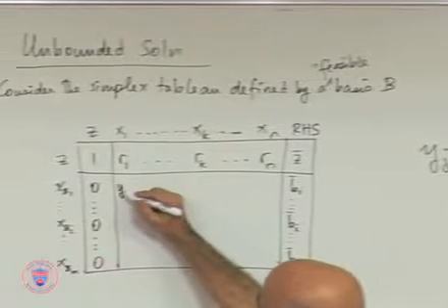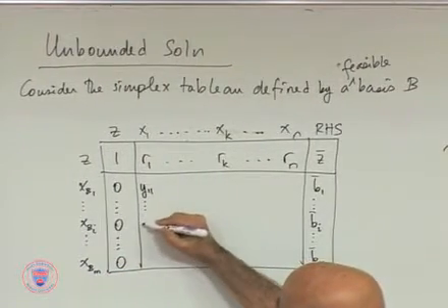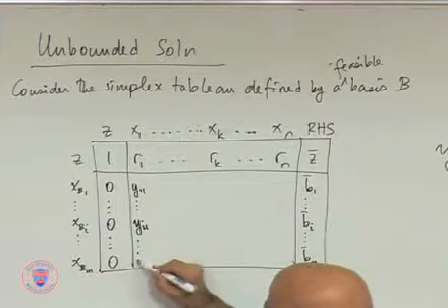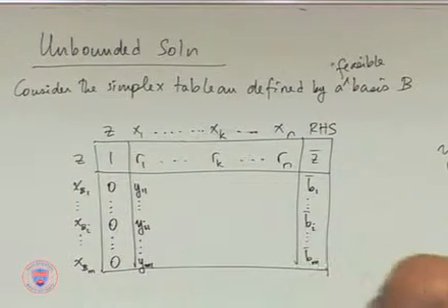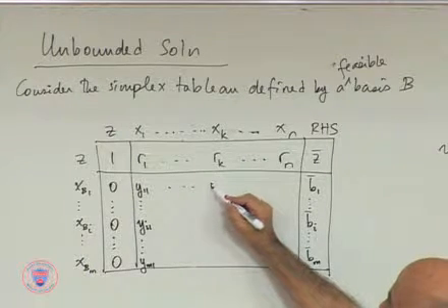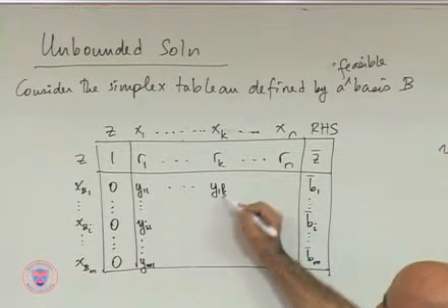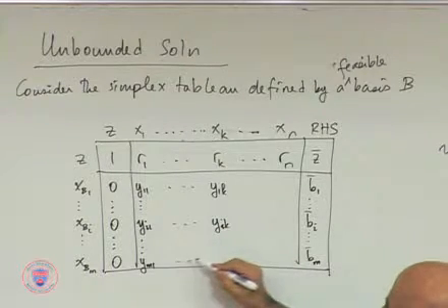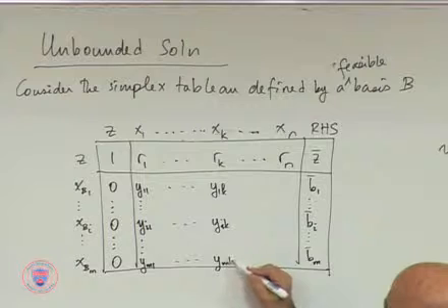This is y11, yi1, ym1. For the kth one, we have y1k, yik, ymk.